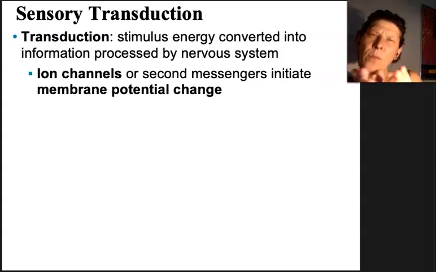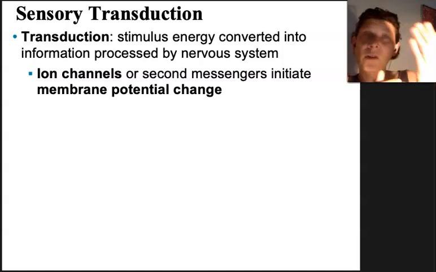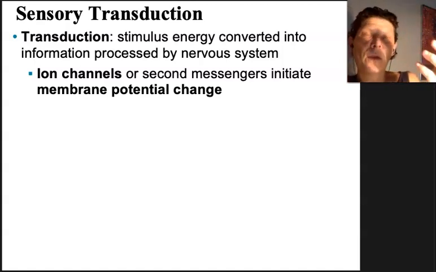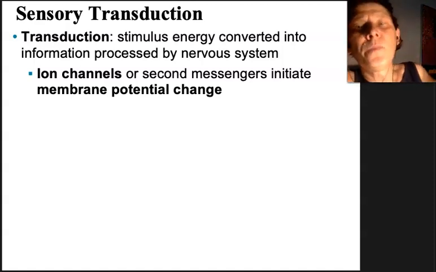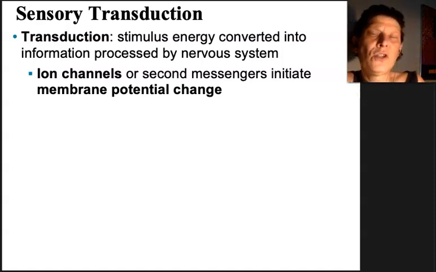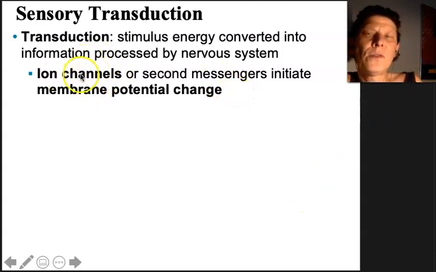And so the receptor's job basically is to respond to a specific stimulus that it's designed to respond to, and then turn that physical energy into a membrane potential change. That membrane potential change generally results from ion channels opening, but it can also be initiated by a second messenger. And that second messenger often is calcium, but it can also be ATP.